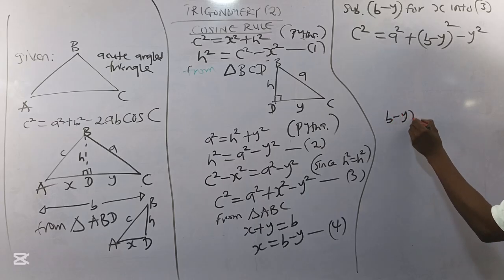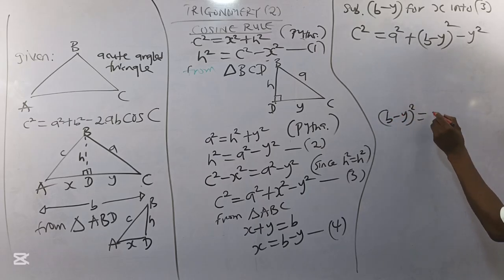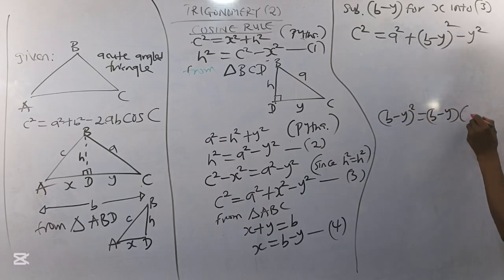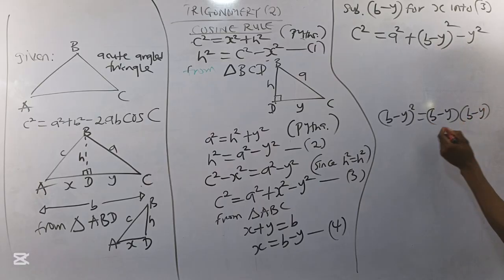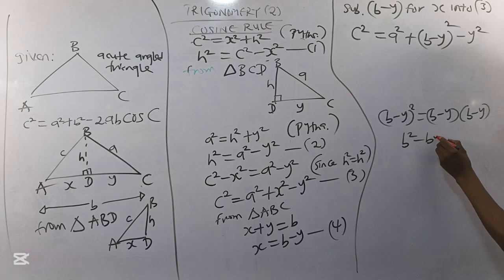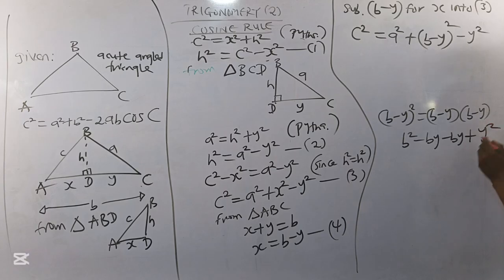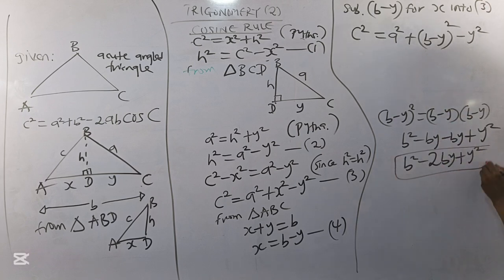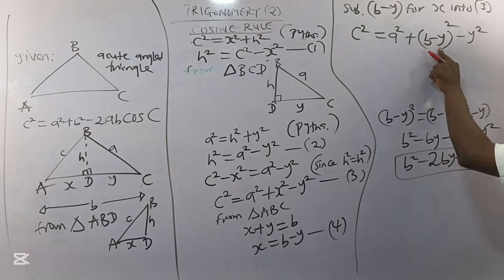B minus Y squared is equal to B minus Y in bracket B minus Y. B times B is B squared. B times minus Y is minus BY. Minus Y times B will give me minus BY. Minus times minus is plus, Y times Y is Y squared. So I have B squared minus BY minus BY will give me minus 2BY plus Y squared. So I'll put this in place of B minus Y squared.